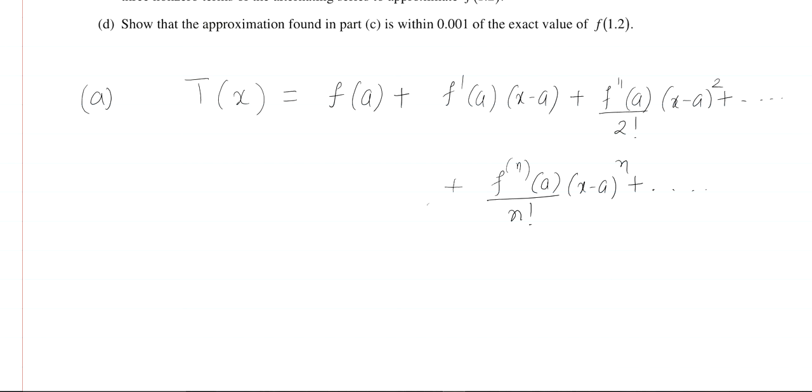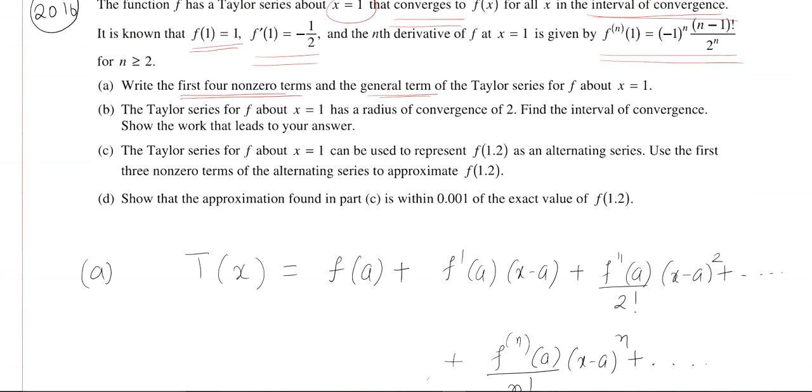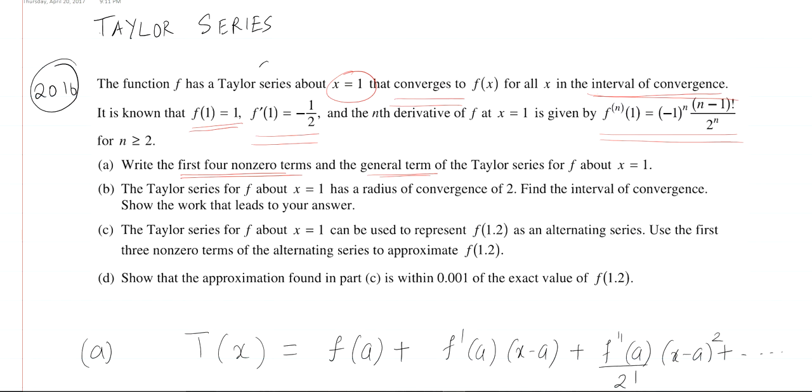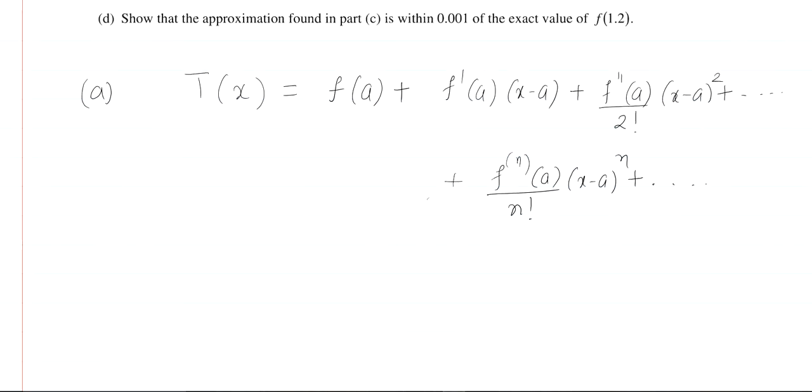Now, in the problem, we're only asked to find the first four non-zero terms, and we're expanding it about x equal to 1. So let's write down the first four terms. Let's call it T4.